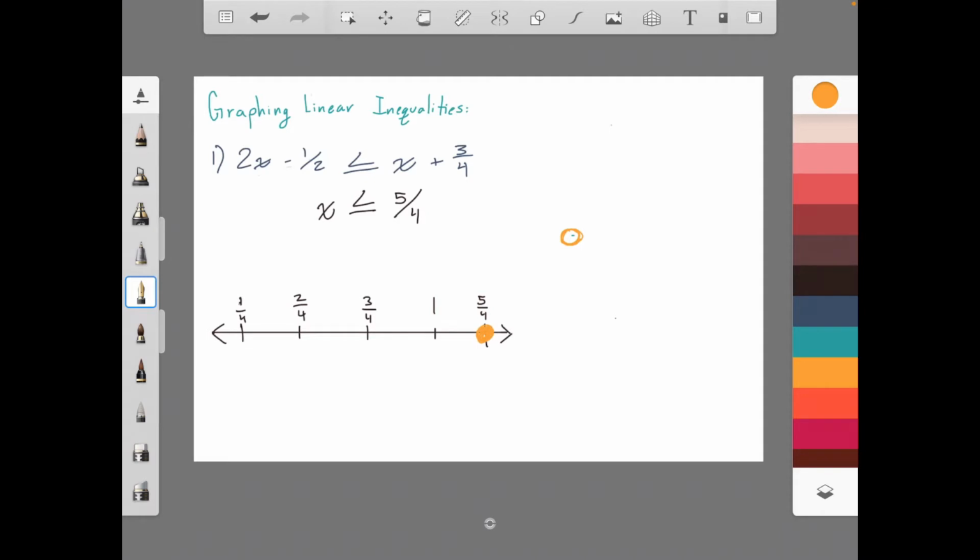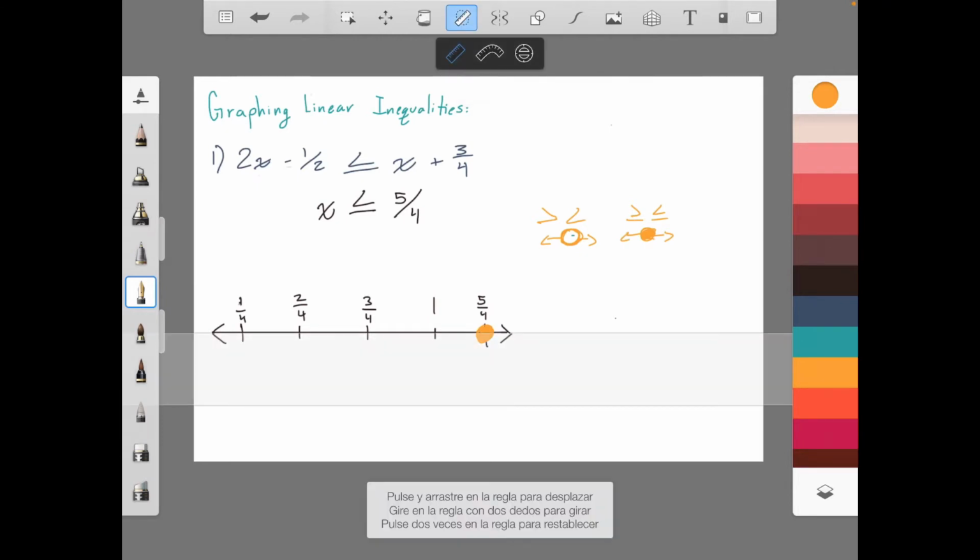Now, we use a non-colored circle for greater than or less than, and we use a colored circle for greater or equal or less or equal. That's something that you always have to remember when you're doing these types of exercises.